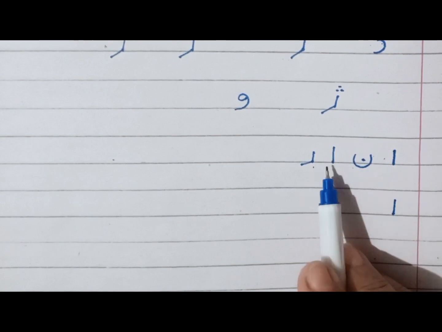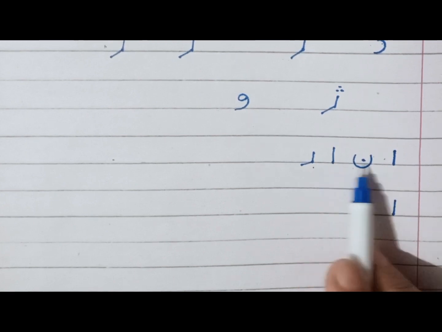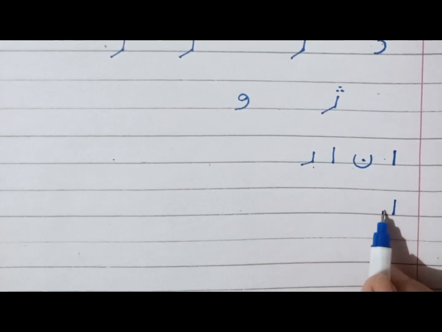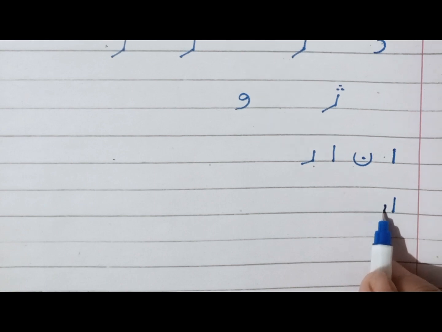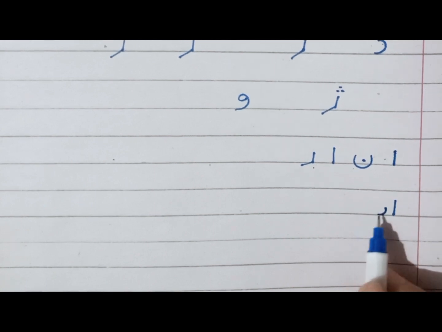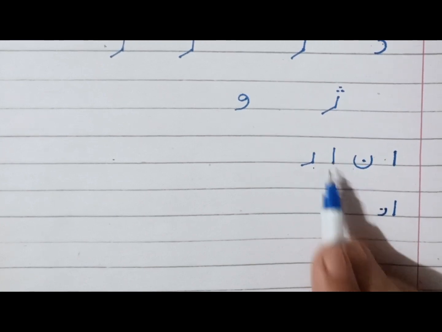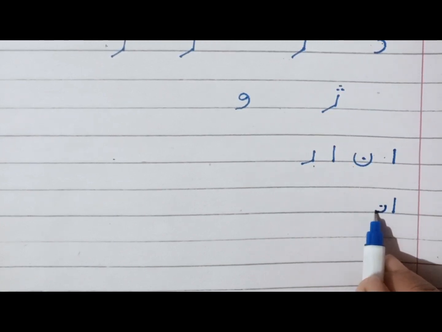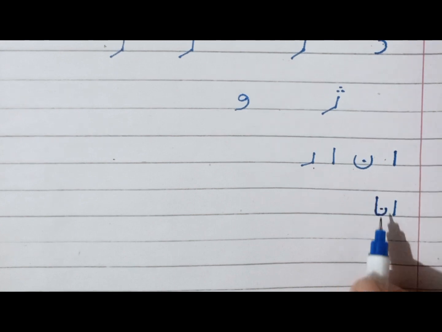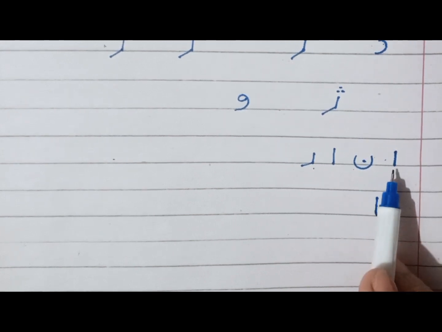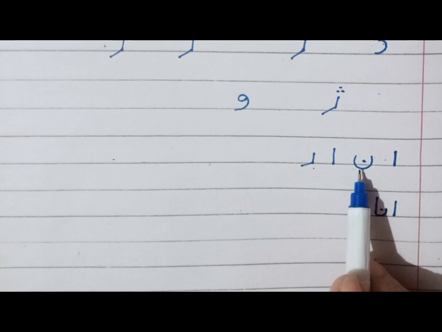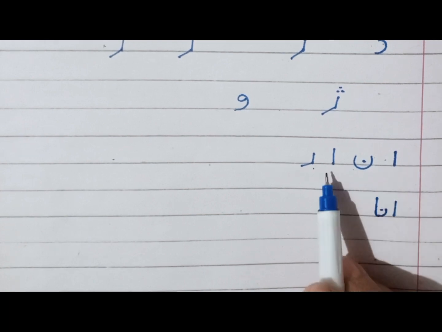But this noon will be joined with this alif because here noon comes before this alif. That's why we will join this noon, and for joining we will use the half shape. This is the half shape of noon. Now we join alif with this, like this. We have written 3 letters: a, na, a, ana.